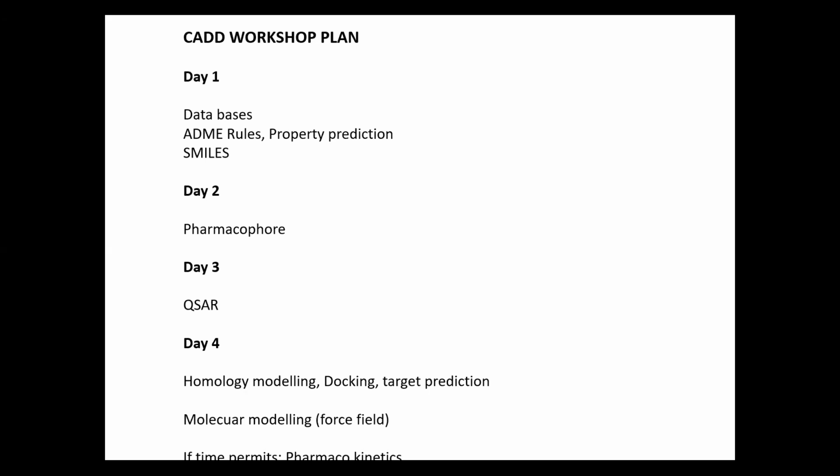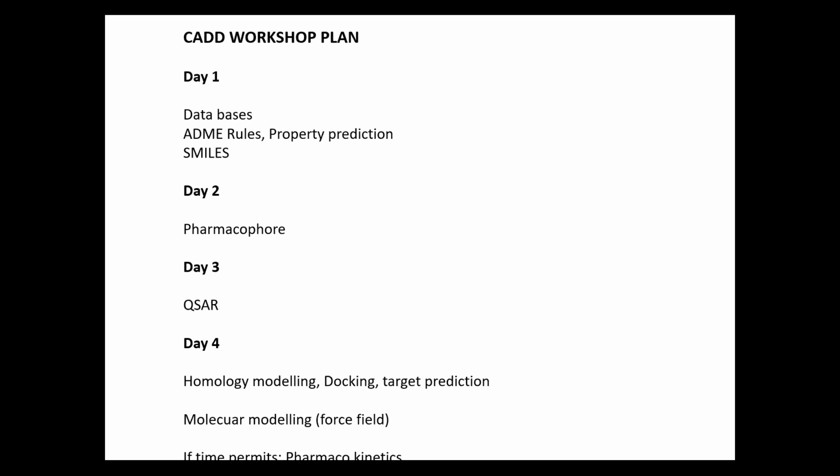There are many databases on the web which either give the properties of drugs or small molecules, or can even calculate the properties, because many of the properties of many compounds might not be available. So there are databases and servers which can do that. And then we will talk about the ADME rules, that is absorption, distribution, metabolism, excretion rules. Then I will talk about how to get these properties calculated. So that will be day 1.